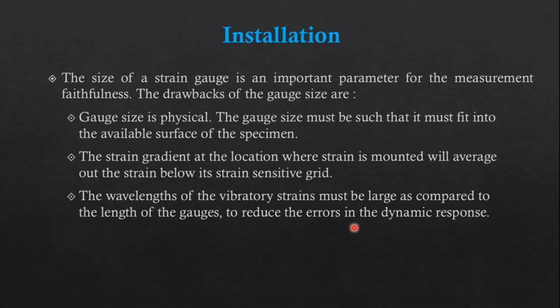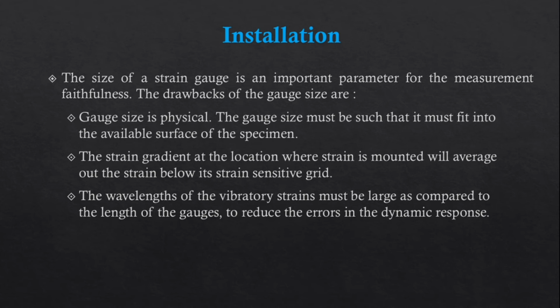Okay, and the surface on which the strain gauge is mounted must be very smooth, so there is no error, or we can say all the stress applied on the test piece is going to be measured very accurately. And all scales, rust, paint and other surface contamination must be removed from the metal surface. So we frequently need to clean our surface, right?